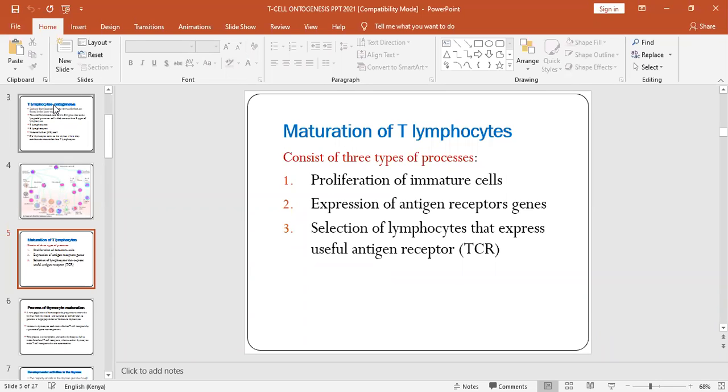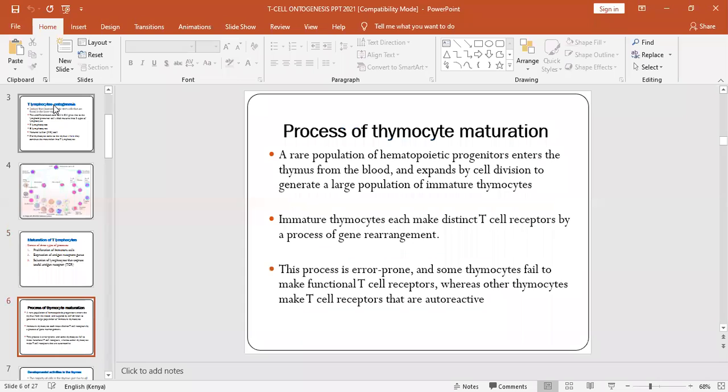Then we also have the selection of lymphocytes that express a useful antigen receptor, that is the T cell receptor. Those selections take place in the thymus region. Now, let's look at a quick overview of thymocyte maturation.